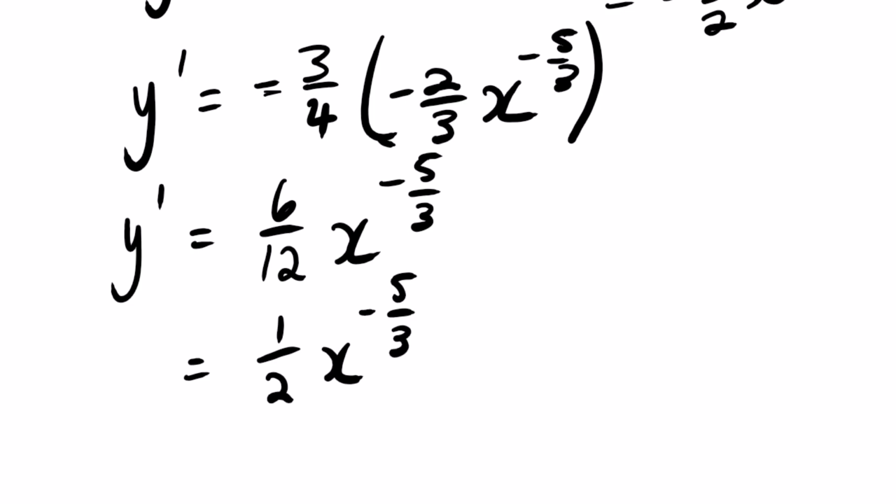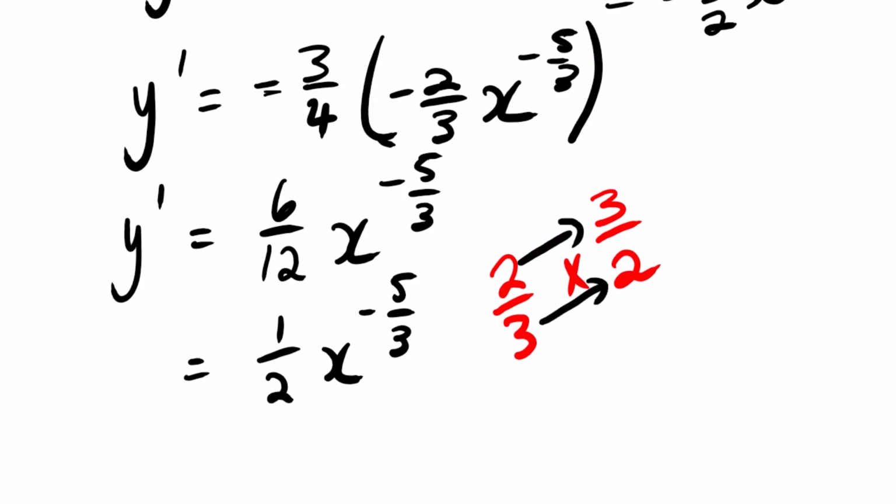Now before we go to the next rule, let me quickly show you a trick on how to multiply a fraction in a fraction. So suppose you have 2 over 3 multiplied by 3 over 2. Now how do you multiply two fractions without using a calculator? Now it's simple.